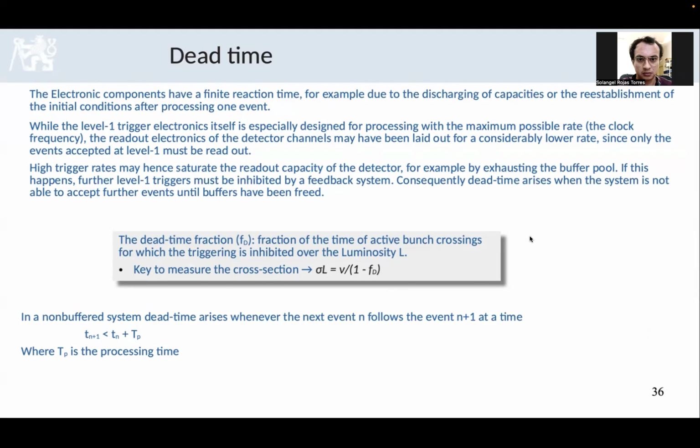So we have cross section, which is area, and then we have luminosity, which is the number of interactions over time over area.